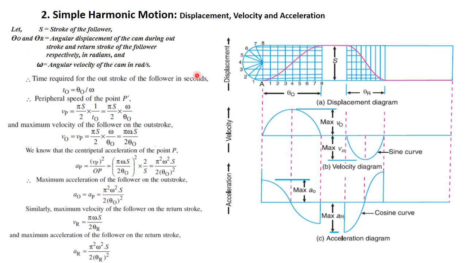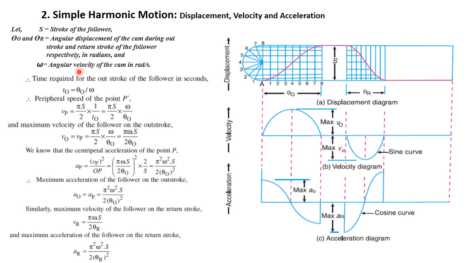So let us say S is the stroke of the follower, theta naught and theta r be the angle turned during the outstroke and return stroke by the cam. Omega is the angular velocity of the cam in radian per second.